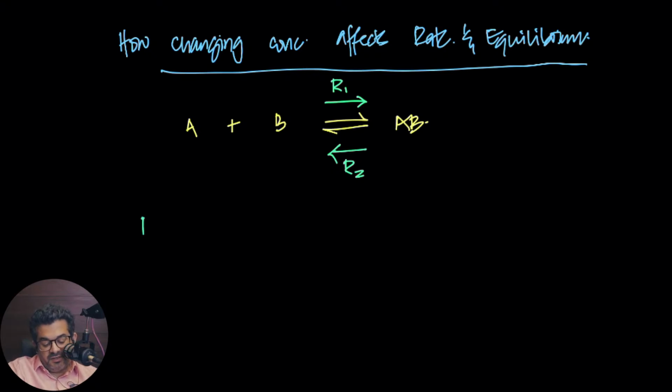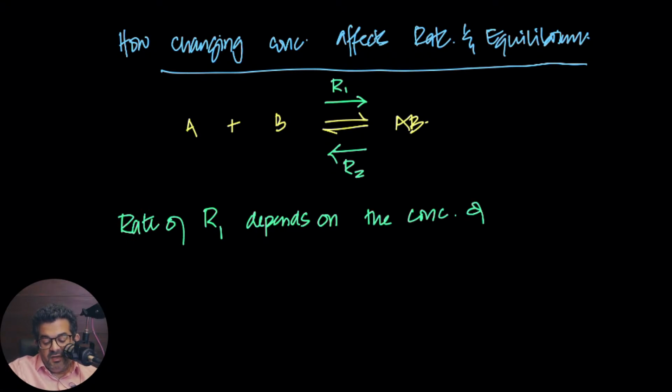Now the forward reaction R1 depends on the concentration of what? So basically the rate of R1 depends on the concentration of A and B. Because if you remember, rate of any reaction depends on the concentration.